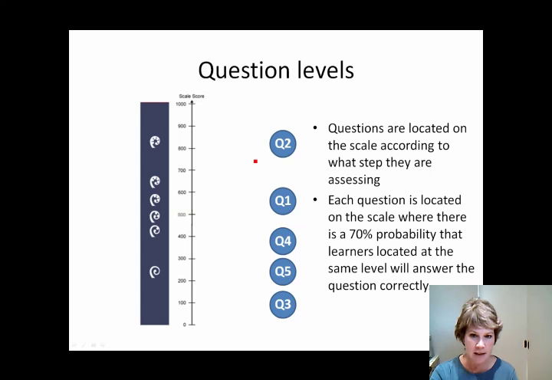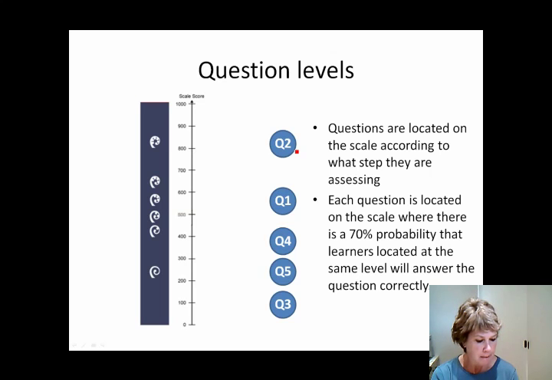So in this image here, for example, question 1 is sitting at step 4, and so it's expected that a learner who's operating at step 4 has a good chance of getting that correct. It's unlikely that a learner who's at step 3 would get that question correct. And for question 2, sitting up at step 6, it's unlikely that somebody sitting at step 3 or 4 would answer that question correctly. So the questions are located on the scale, and then the learner is located on the scale.